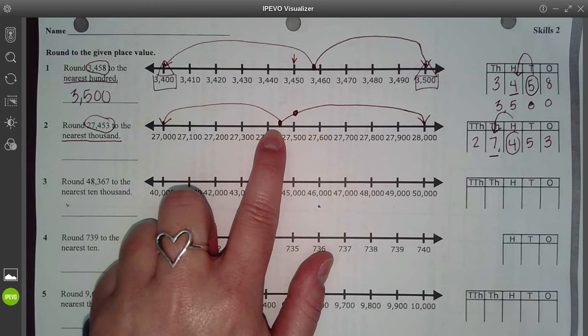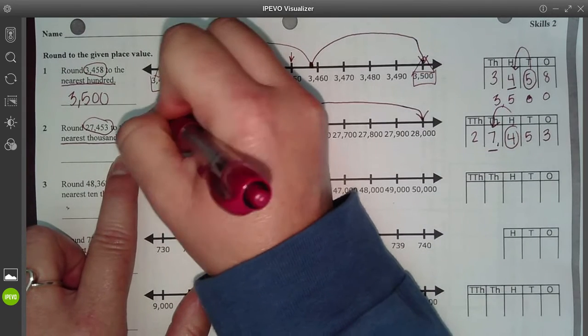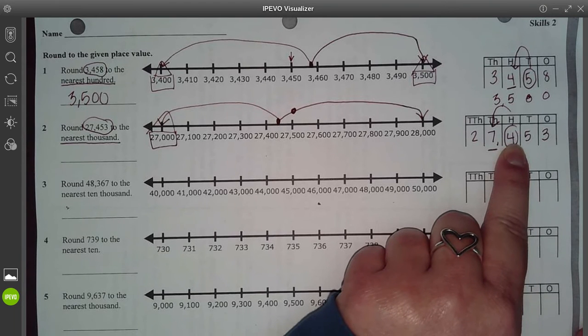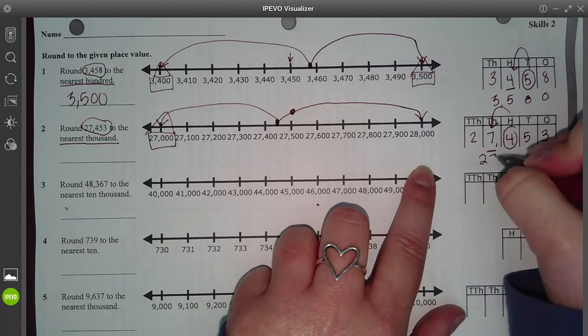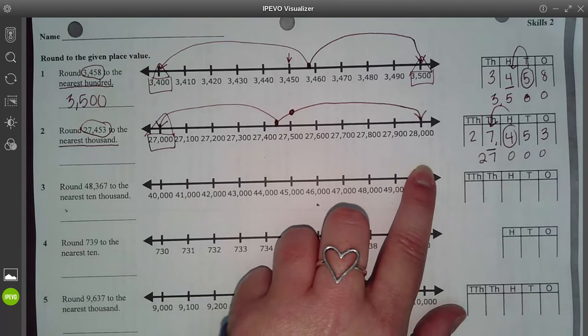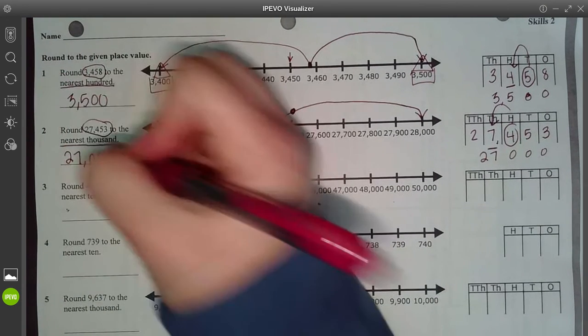It's a little bit before halfway. So I'm going to go to this house right here, right? Because it is closer. So the backdoor neighbor, 4 or less, let it rest. So I'm going to stay at 27. It's going to stay resting there with trailing zeros. So this rounds to 27,000.